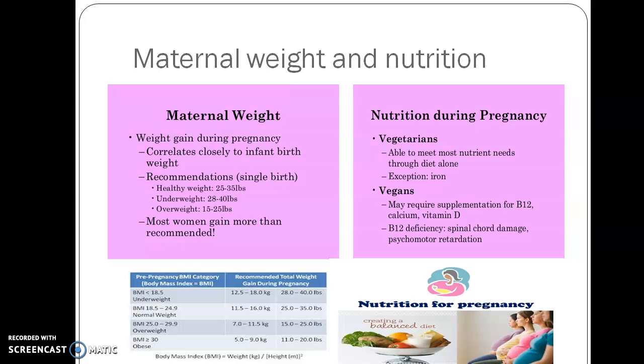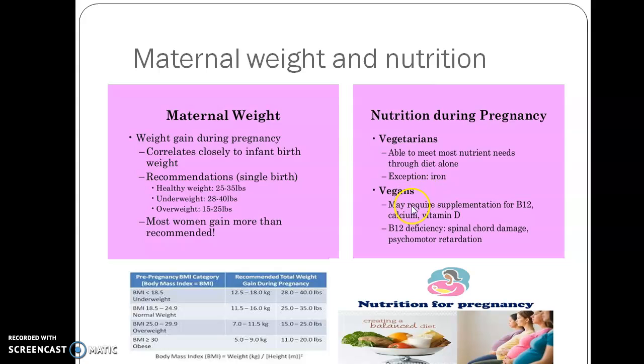This is something that the family should take care of: nutrition during pregnancy, especially for vegetarians. They must be able to meet their nutritional needs through diet alone, but you cannot supply enough iron for vegetarians, so they must take it as supplements.